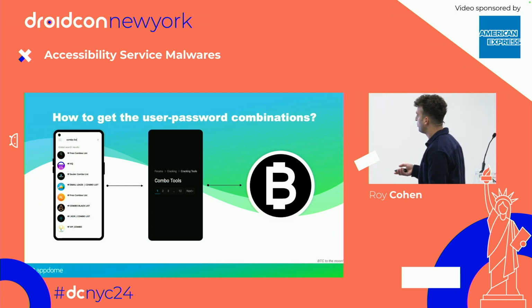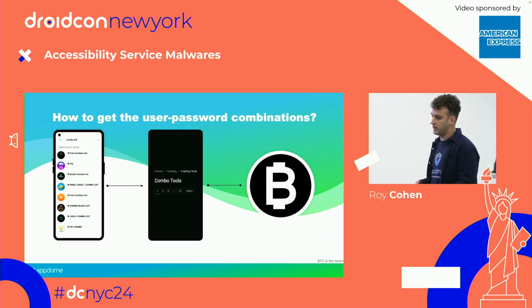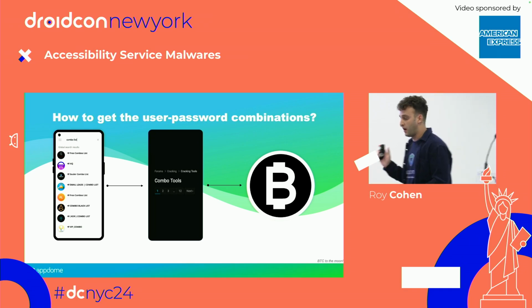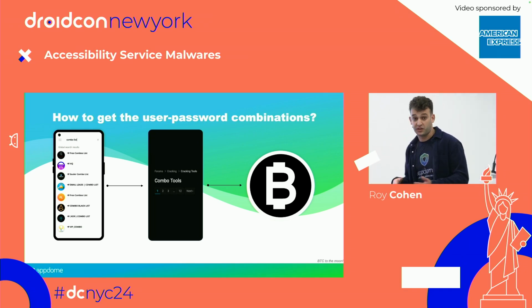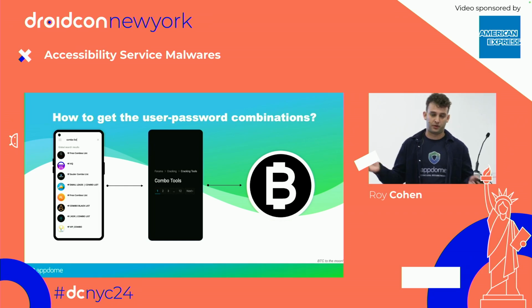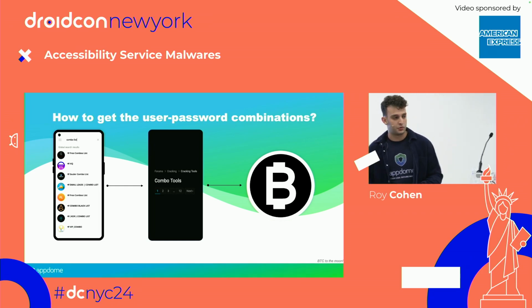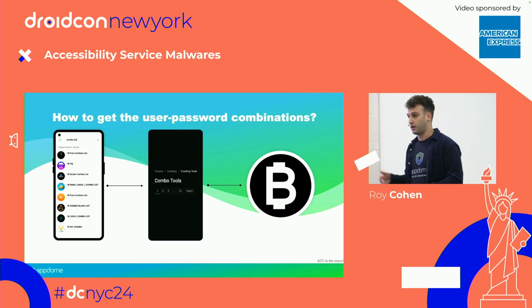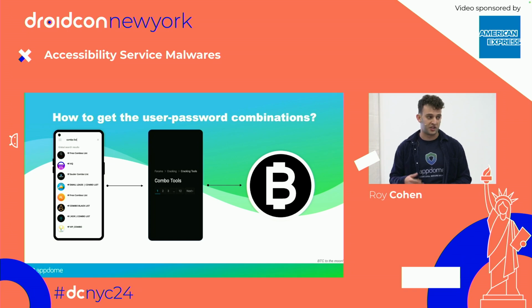So how do we get the user and password combinations to try on the server? There are many ways to do that. The first way is using Telegram. Telegram has many combo lists of usernames and passwords that were exposed during hacks of companies, banks, insurance companies and the like. We take those combo lists and, using the malware, try to attack the server.